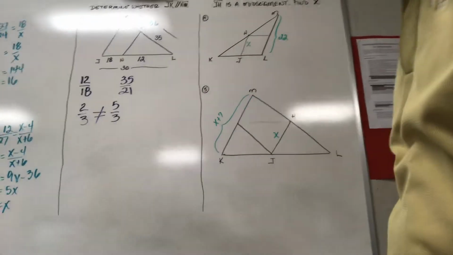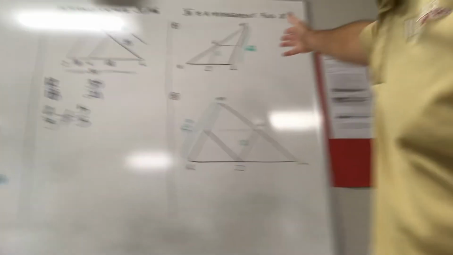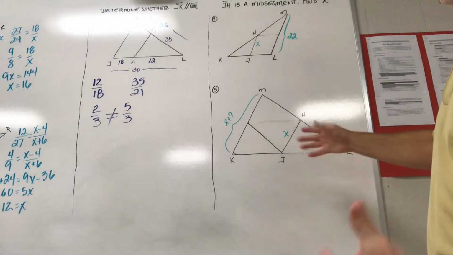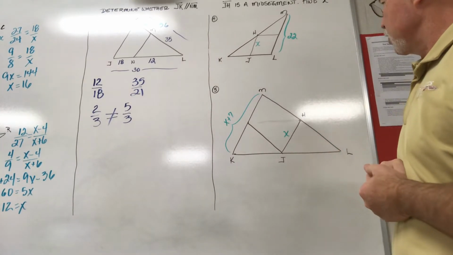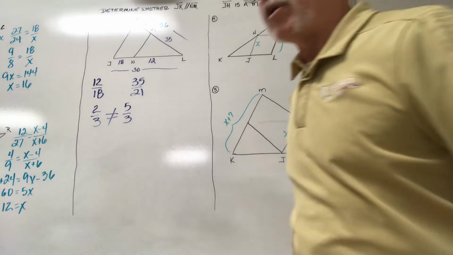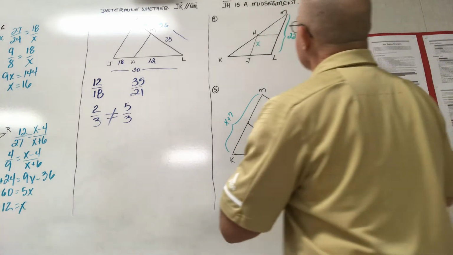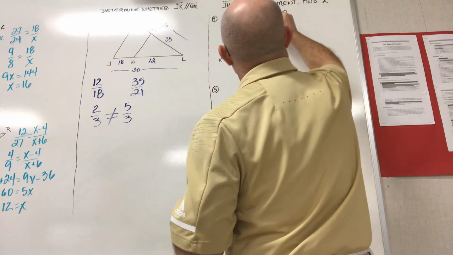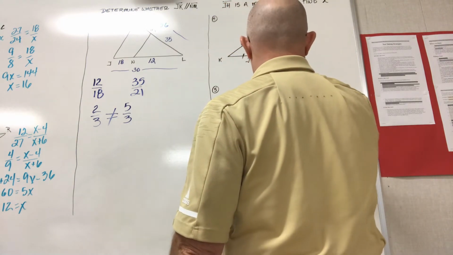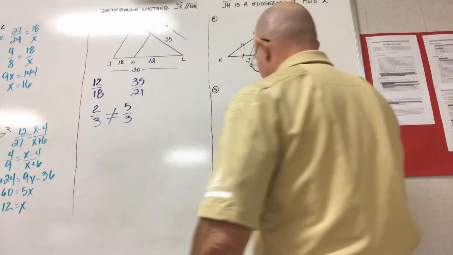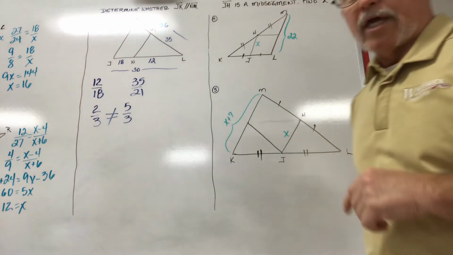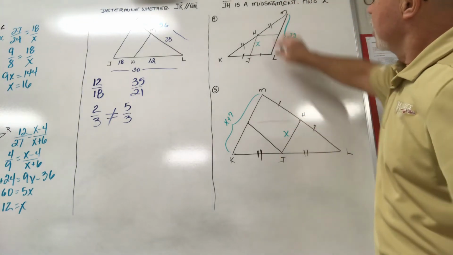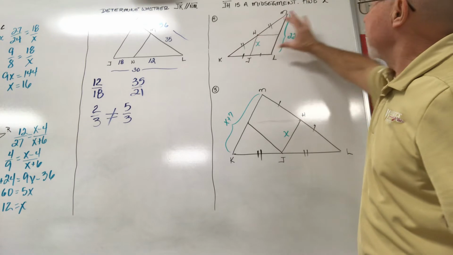Now, on this one, we're looking to find the value of x. We're dealing with mid-segments here. I was supposed to have put the lines on there, but clearly I didn't. Okay, now we're dealing with mid-segments. x is the mid-segment.